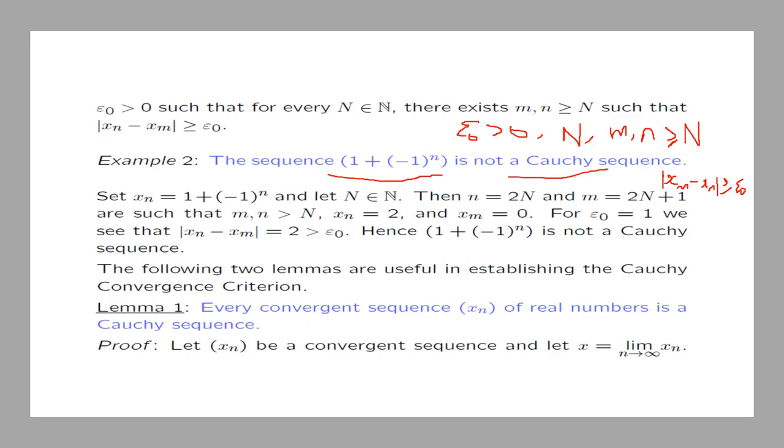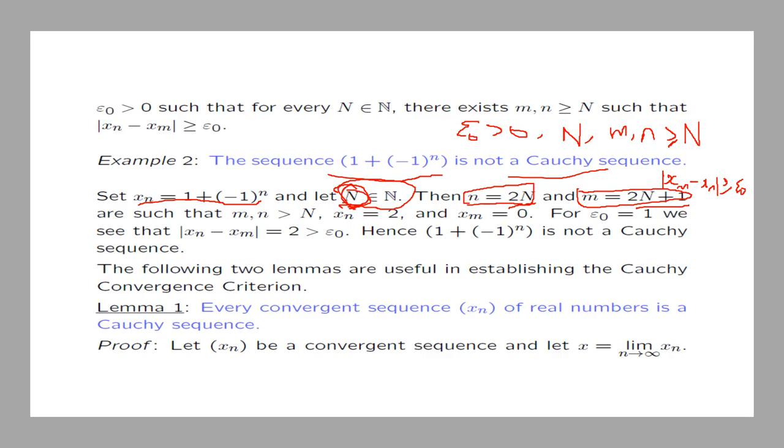So this is your xn, 1 plus minus 1 to the power n. Now let N be any natural number. Then small n, let small n be 2 times capital N. That will for sure be bigger than N, 2N is bigger than N. And then let m be 2 capital N plus 1, which is also bigger than N. So we simply want to have this is an even number, and that is an odd number.